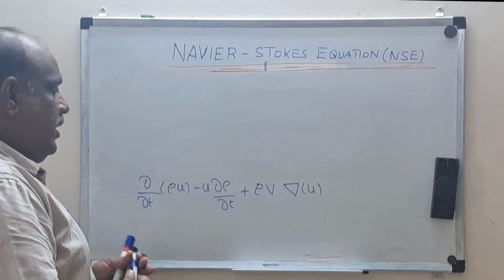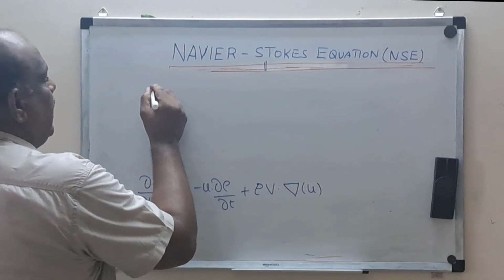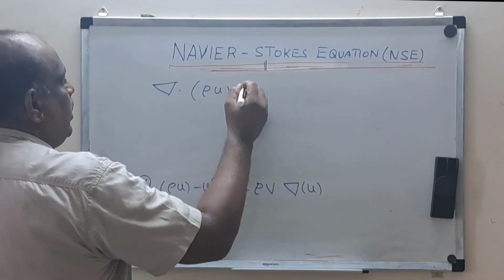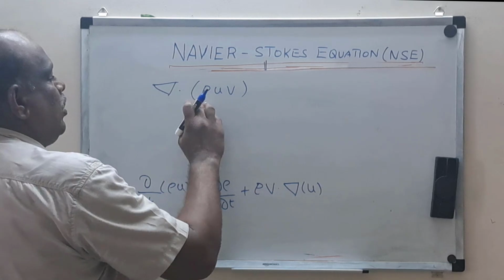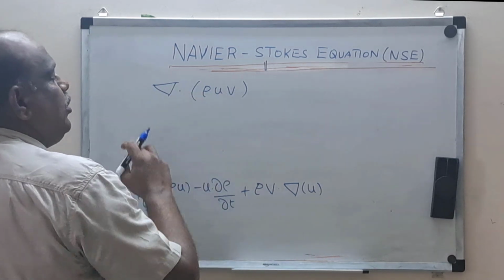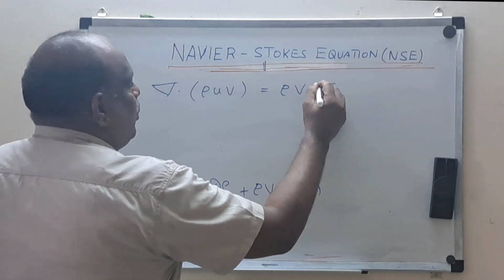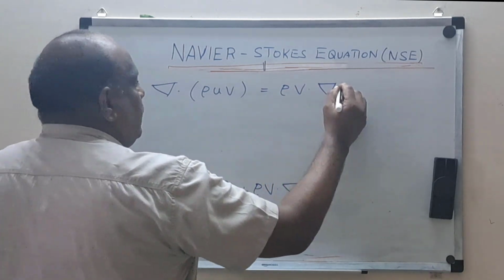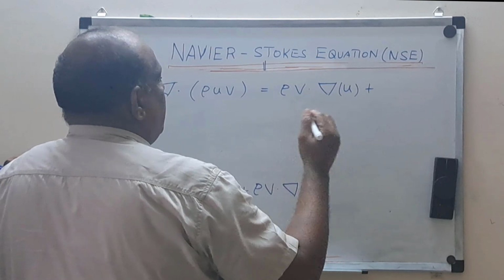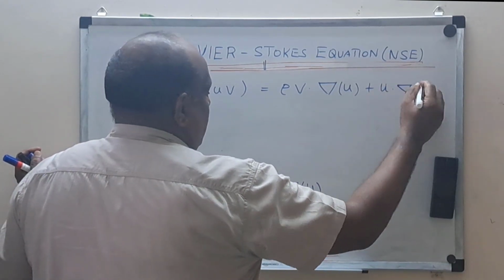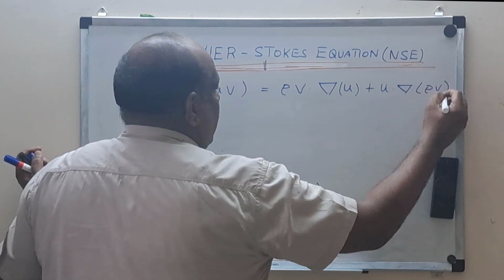How? Let us see. Now let us take this one: del dot of rho u v. In this one, I will take rho v as a single variable and u as another variable. So it can be written as rho v into del of u plus u into del of rho v. Got it?